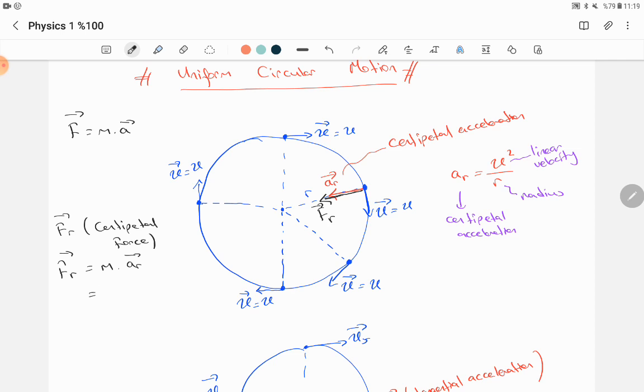The centripetal acceleration value is linear velocity squared divided by radius. Yes, that gives our centripetal force.